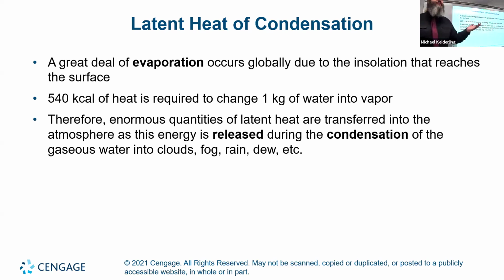It requires 540 kilocalories of heat to change 1 kilogram of water into vapor. So that energy gets stored in the fact that the water turns into a gas. Enormous quantities of latent heat are transferred into the atmosphere when that water converts back into a liquid, when it condenses. These are released during the condensation of gaseous water into things like clouds, fog, rain, dew, etc.